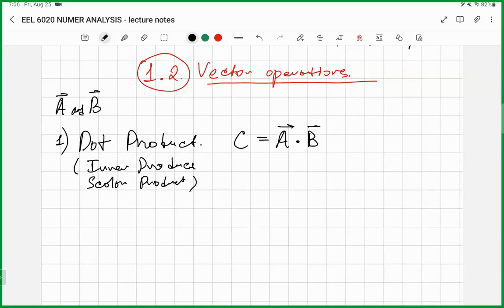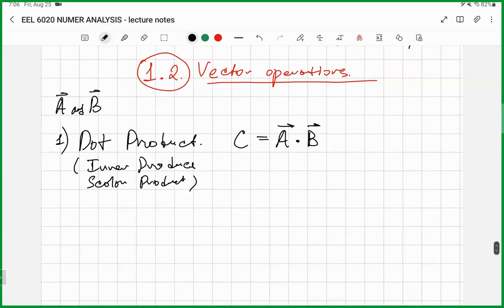So in different textbooks you can meet different names for this operation. Usually it's denoted by this dot between two vectors, and it gives me a constant.